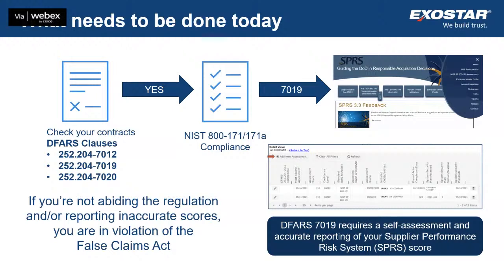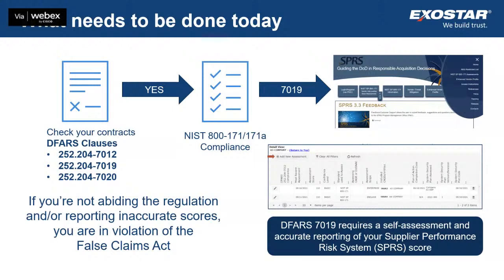If you've got those 7012, 7019, or 7020 clauses as part of your contract, you need to be compliant with NIST 800-171. The NIST 800-171 are those 110 controls across those 14 families that determine how you need to safeguard controlled unclassified information.